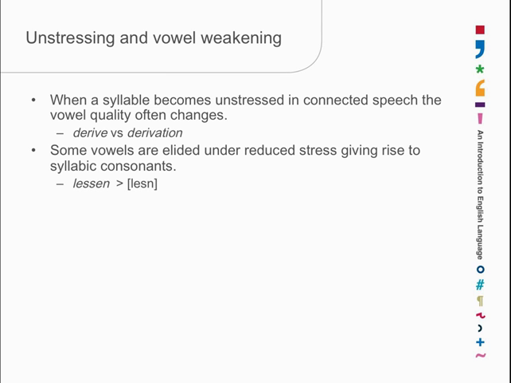But frequently, when we're speaking quickly, we say listen, sn. We go straight from the S to the N, and the N becomes a syllabic consonant because a vowel has been elided. Pedal, two syllables, pedal, and there's no vowel in the second syllable. The L has become a syllabic nucleus.